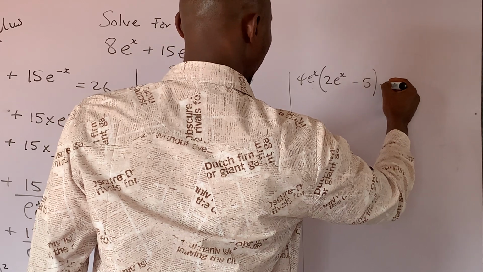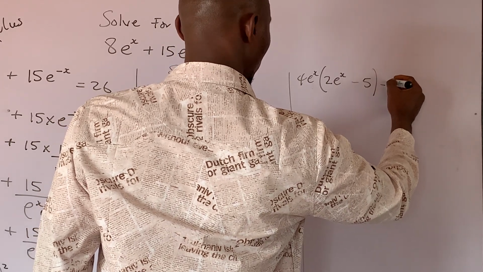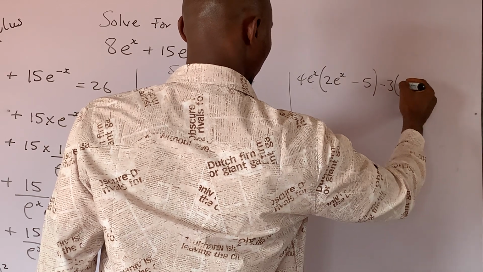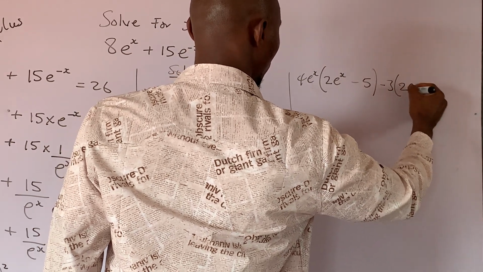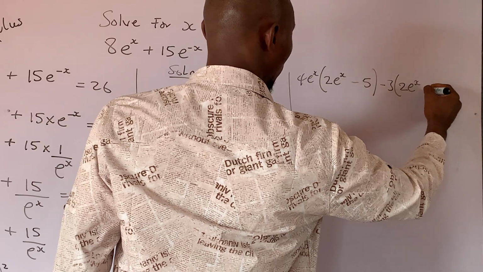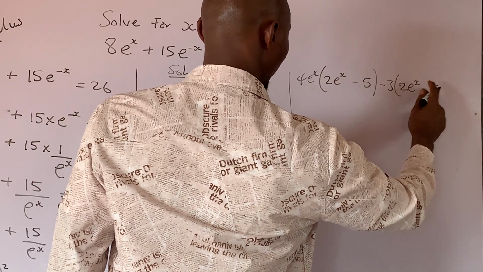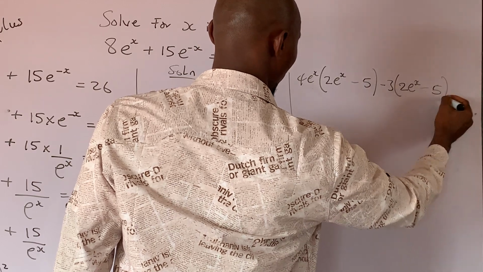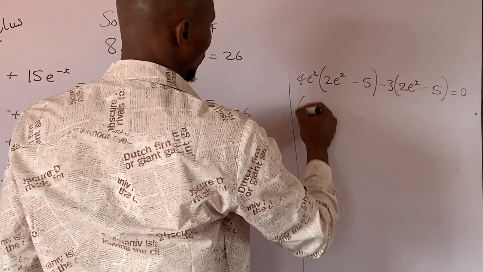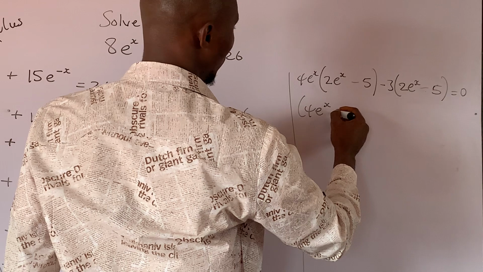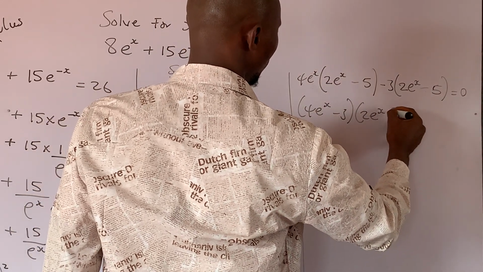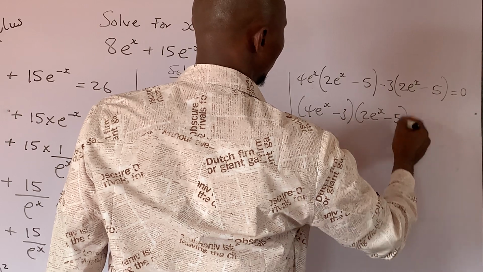Then here minus 3 into bracket 2 exponential function, then minus 5, because minus times minus will give us plus 5, equal to 0. So here we have 4 exponential minus 3, then bracket 2 exponential minus 5, since this and that are the same.